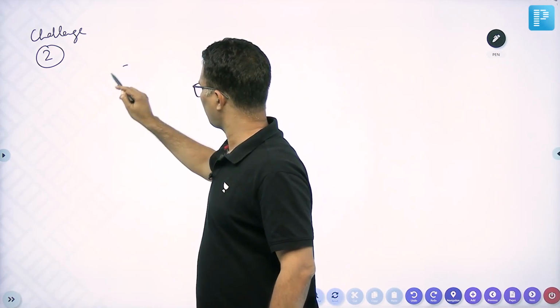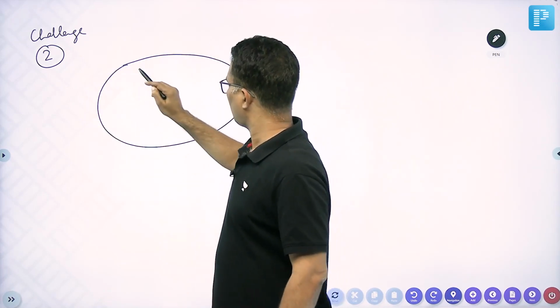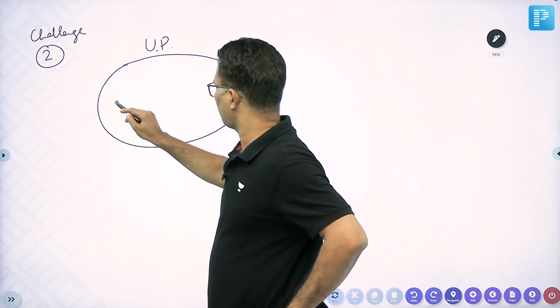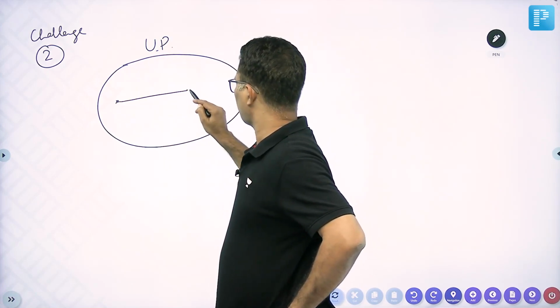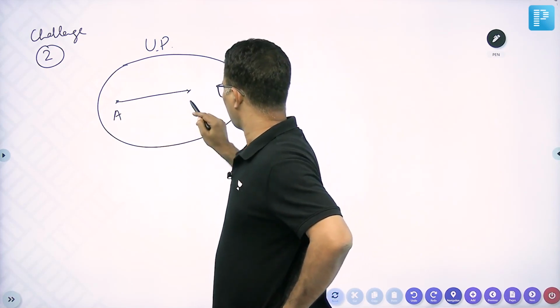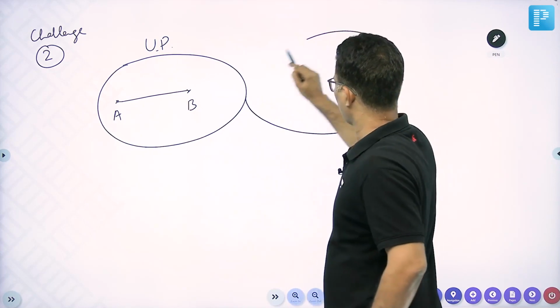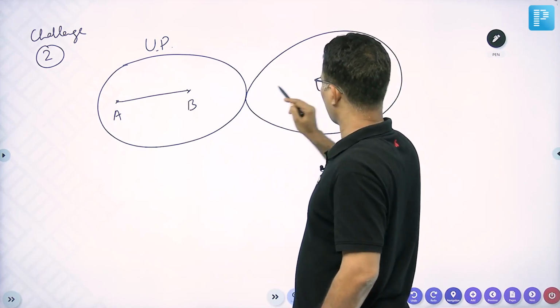So let's say this is Uttar Pradesh, UP. A sold something to B, and this is Bihar.